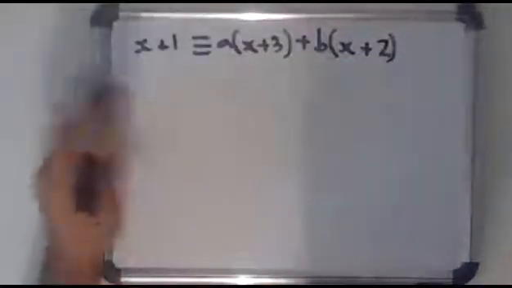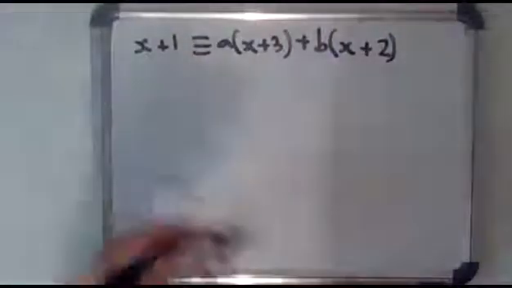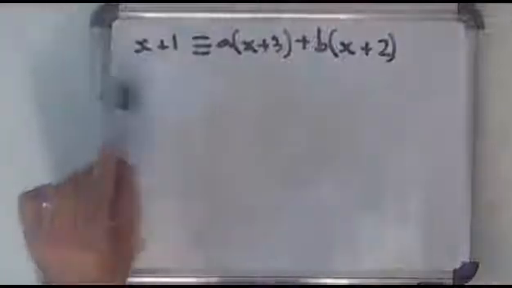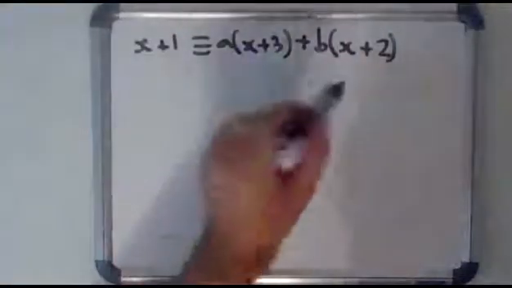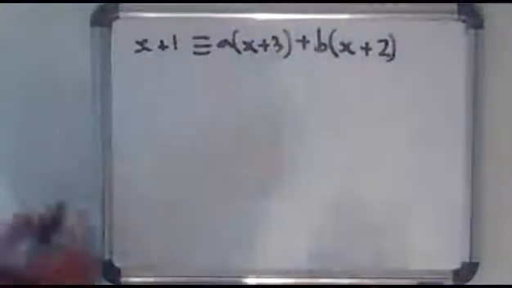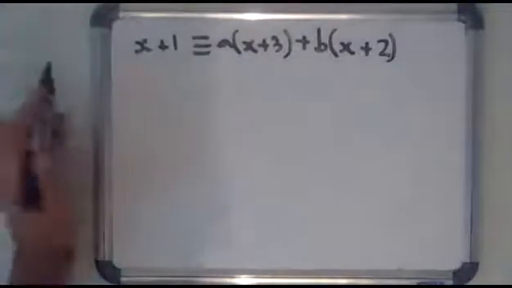Right, the alternative approach would have been a lot quicker, when we were at this stage. You may remember we were at this stage a bit earlier, so we had x + 1 is identical to A(x + 3) + B(x + 2). That was just after we'd multiplied through by the denominator (x + 2)(x + 3).